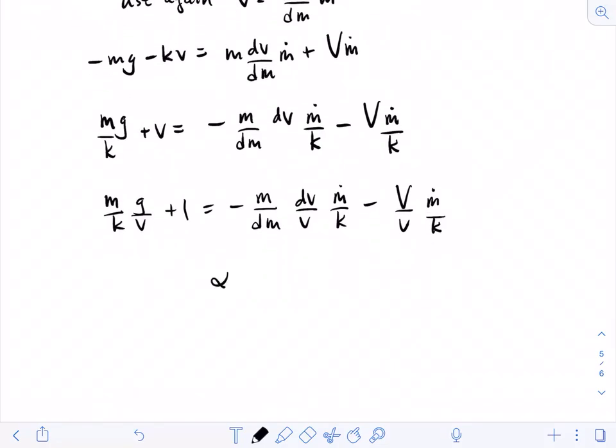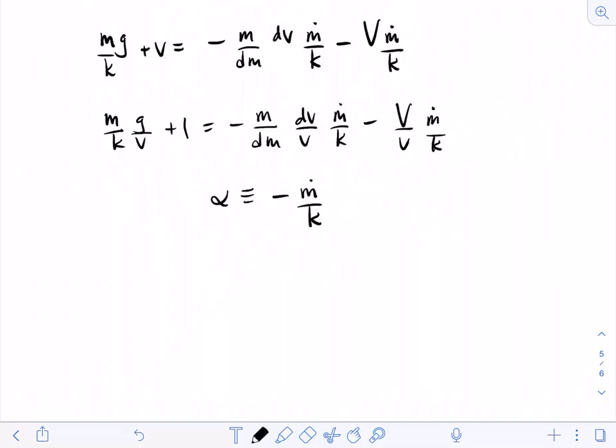Alpha is defined as minus m dot over k, such that m over k g over v plus 1 is equal to alpha m over v dv/dm plus alpha v over v.